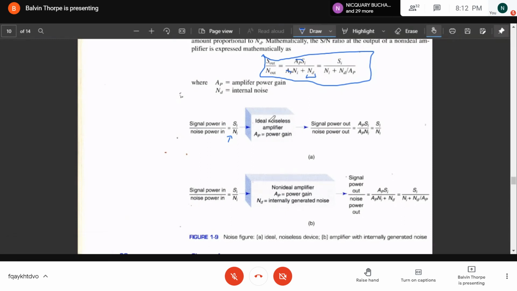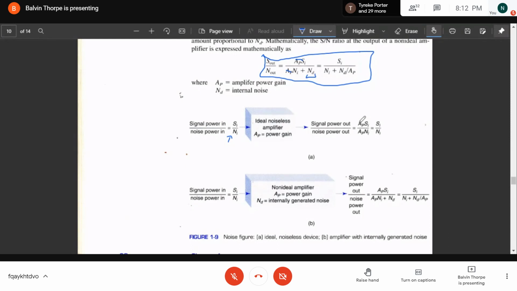If this is a noiseless system, which we know is not even possible, then what will happen is that you'll have no noise added, and therefore at the output you have the signal output power over the noise output power, which is basically the gain times the input signal and the gain times the input noise.